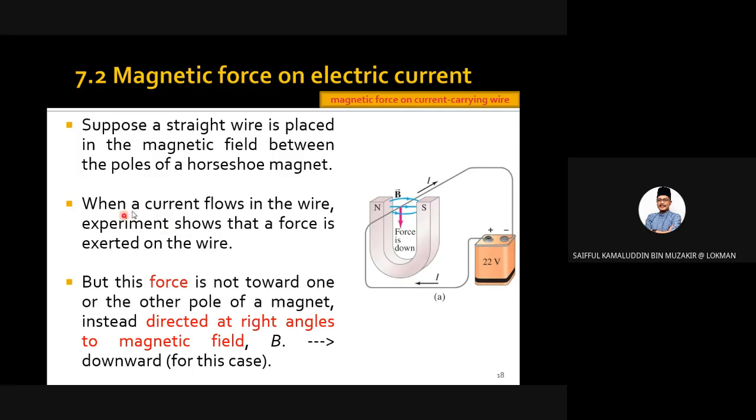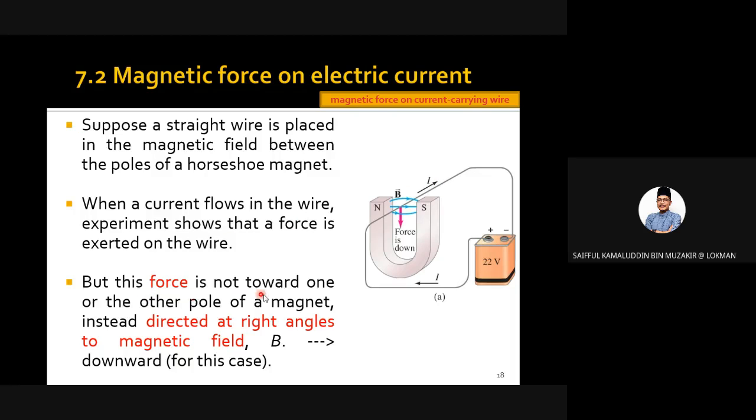Now, when a current flows in the wire, experiment shows that a force is exerted on the wire. But which direction? If this is the direction of the magnetic pole and this is the direction of the electric current, towards which direction will the wire be deflected?